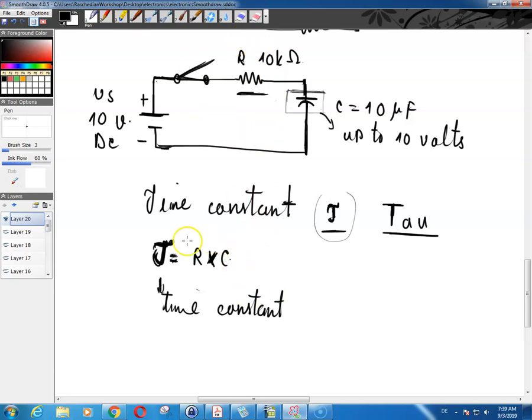Tau is equal to R times C. The time constant for this particular circuit would be tau is equal to R, which is 10 kilohm, so you write it as 10 times 10 raised to the power 3 ohm, times C, which is 10 microfarad. 10 microfarad would be 10 times 10 raised to the power negative 6 farad.